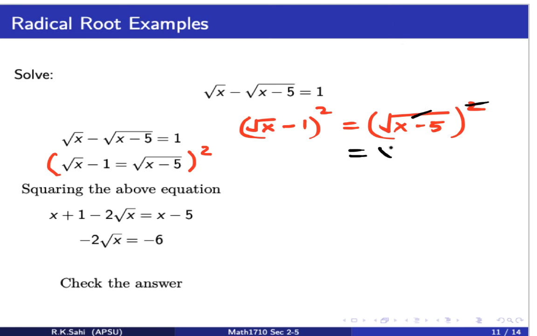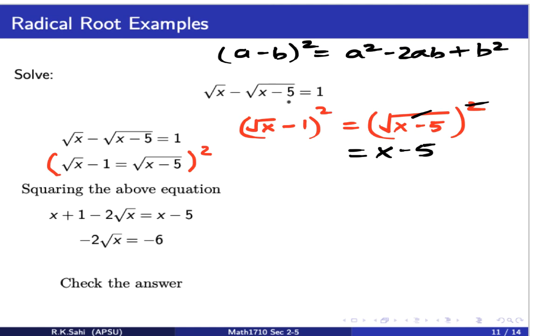We are left with x minus 5. Now on the left hand side, if you remember the formula a minus b the whole square, which is a square minus 2ab plus b square, which is square root x the whole square minus 2 times square root x.